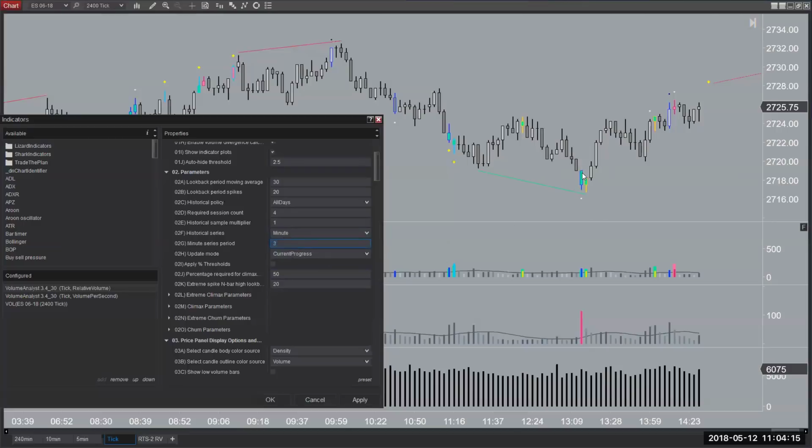So for the 3-minute bar that this bar is within, it would take that 3-minute bar for the past several sessions, whatever number of sessions that I use here, in this case 4, and it would average that, and that would be the value that I would compare the amount of volume that transacted for this bar. Okay, but I would compare it to only 1/3 of the average that I found, you see.